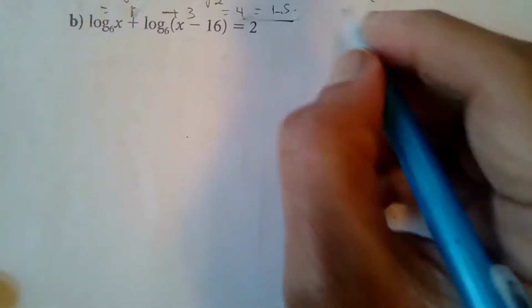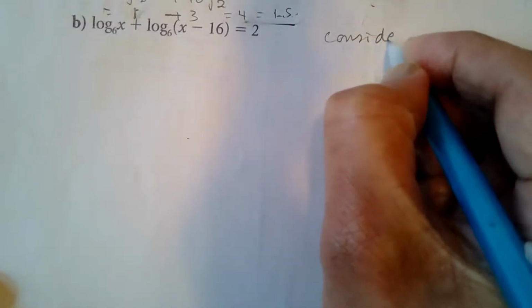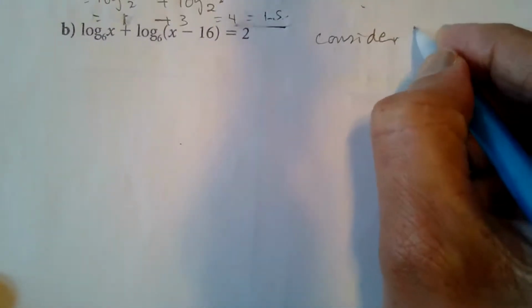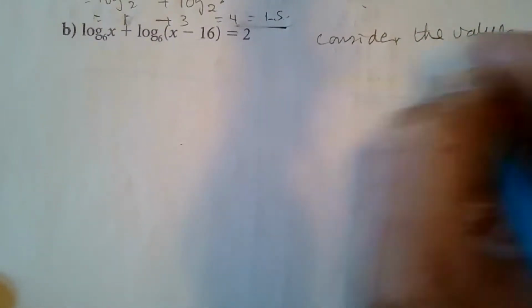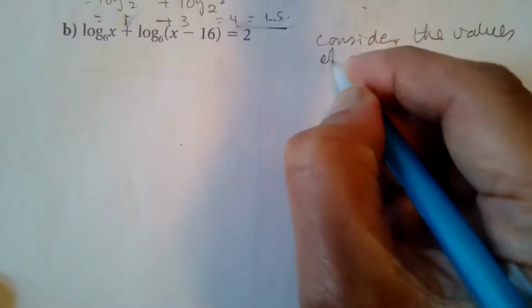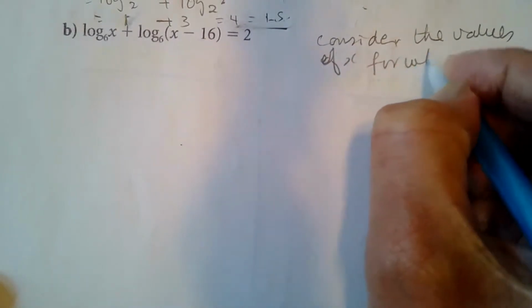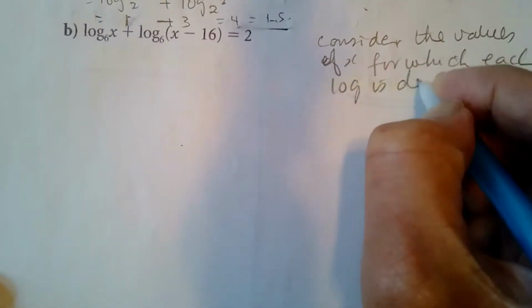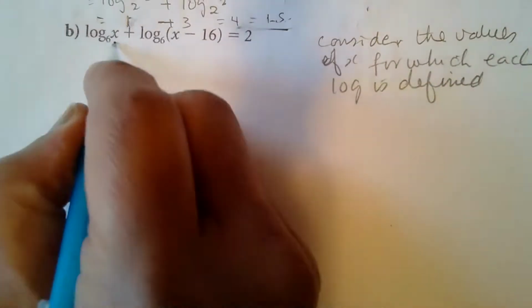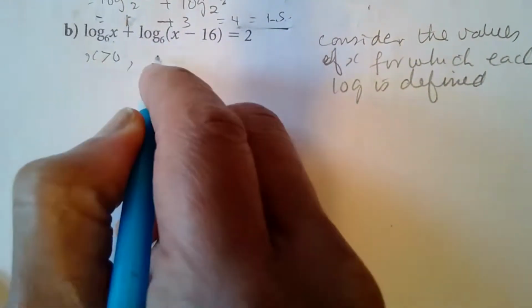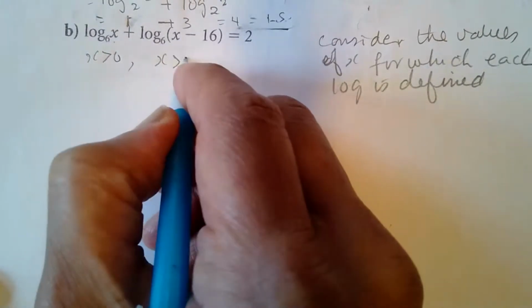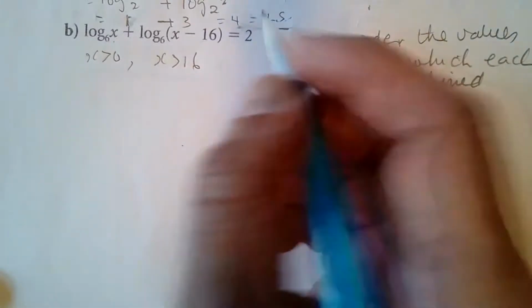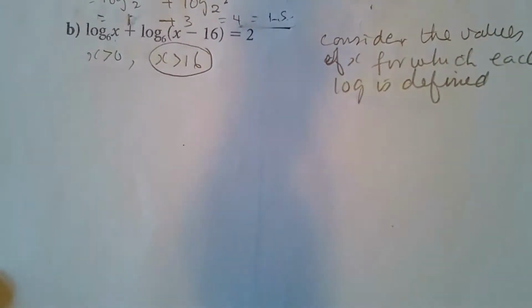For step one, consider the values of x for which each log is defined. So here x is greater than 0 and x is greater than 16. So x has to be greater than 16.